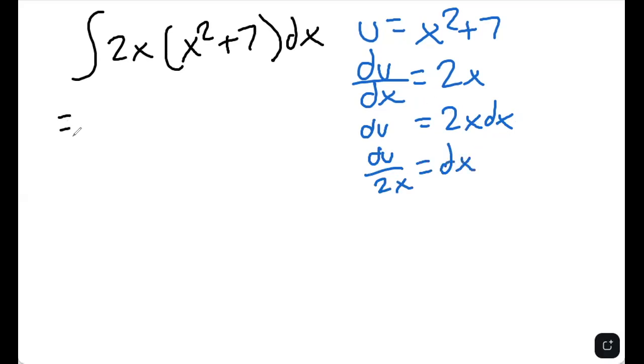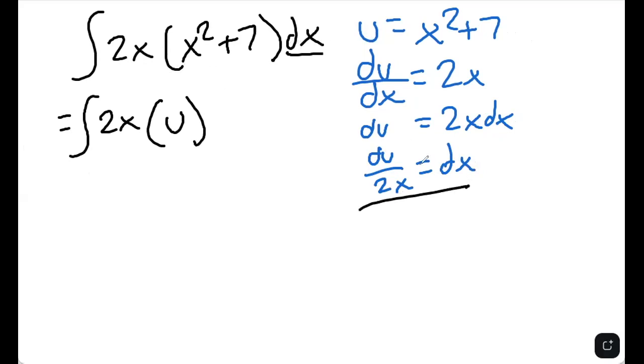So now let's plug in to our integral. x squared plus 7, that is u because we say so. And then dx, that is du over 2x, right? Oh, look at this. It cancels out. That's convenient.